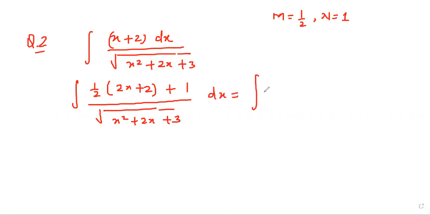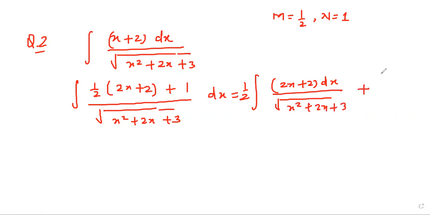We write it separately. So 1 by 2 integration (2x plus 2) dx divided by root of x square plus 2x plus 3, plus integration dx divided by root of x square plus 2x plus 3.